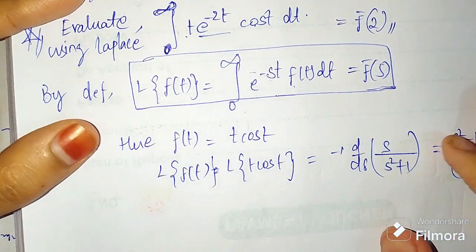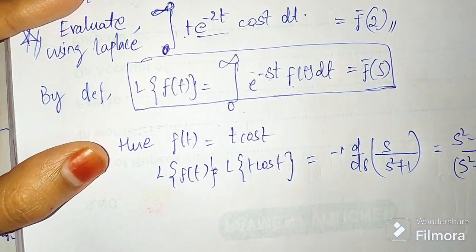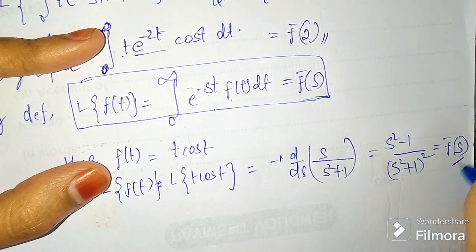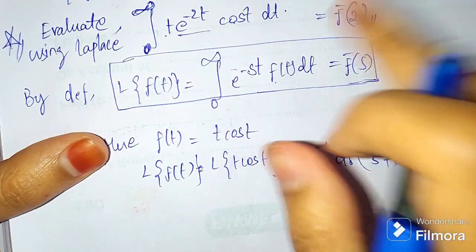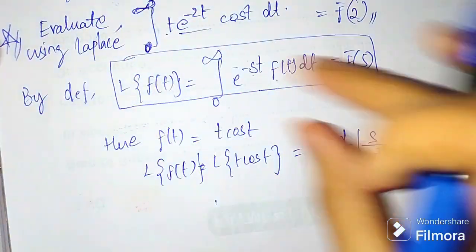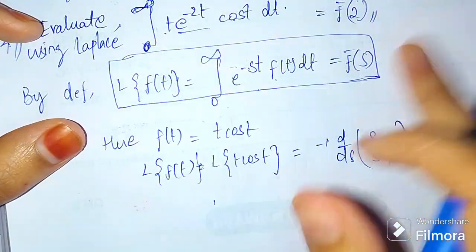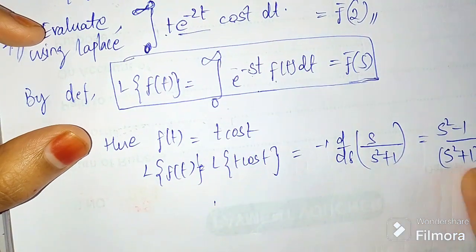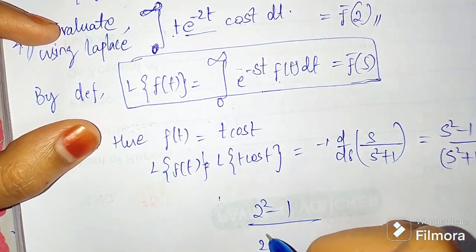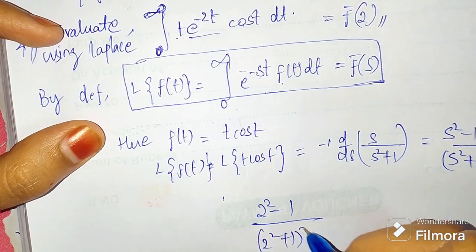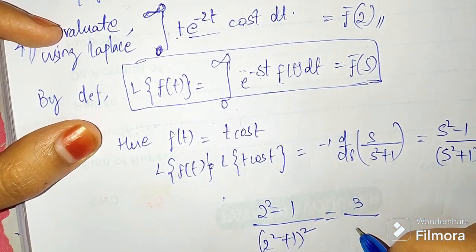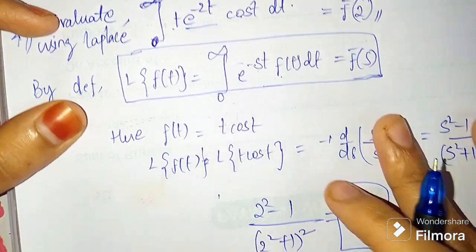Okay, now this is done. This is what f bar of s will be. Now my answer is f bar of 2, therefore you write the definition. Using that, here s is 2, all that you write. Then finally my answer will be 2 square minus 1 by 2 square plus 1 whole square, which is 3 by 5 square, 25. So this question is very easy.